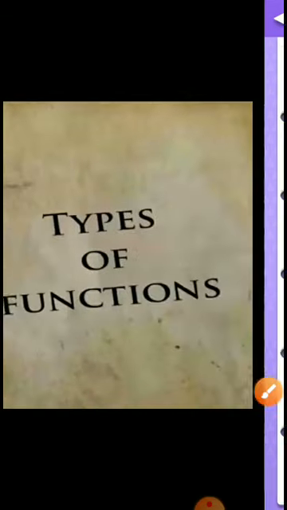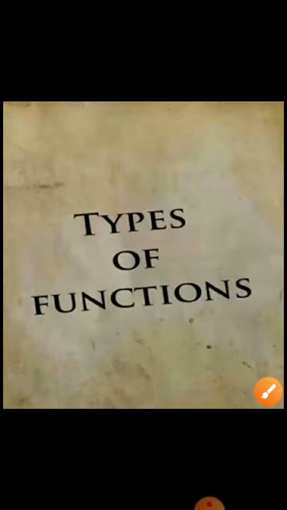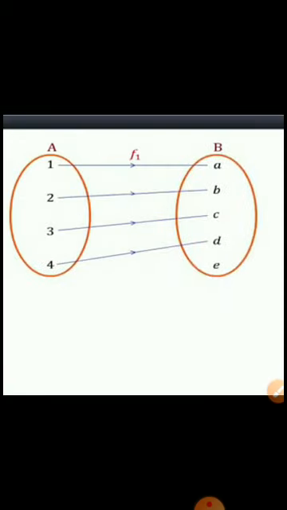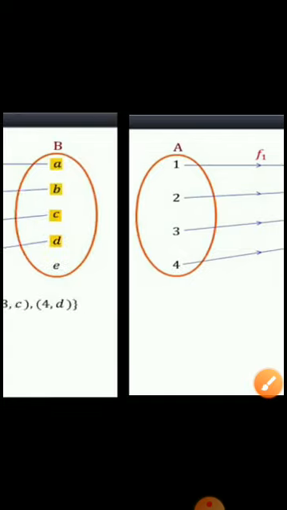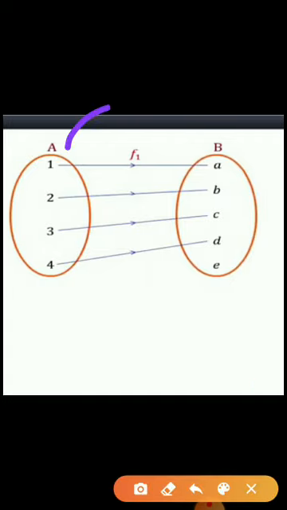Now we are going to see what are the types of functions. Here f1 is a function defined from A to B, such that 1 is mapped to a, 2 to b, 3 to c, 4 to d.